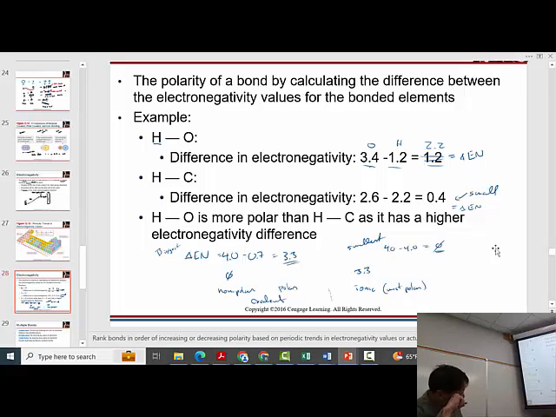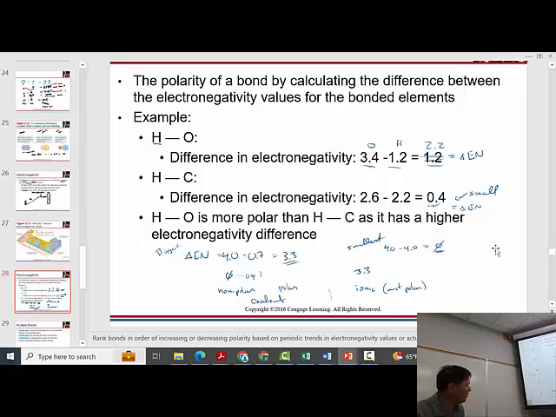And the nonpolar, even if it's just a hair polar, would you still consider it polar or would you consider it nonpolar? A delta EN of like 0.4 is still considered quite small, so we pretty much put that in the nonpolar range. So nonpolar ranges from about 0 to about 0.4.